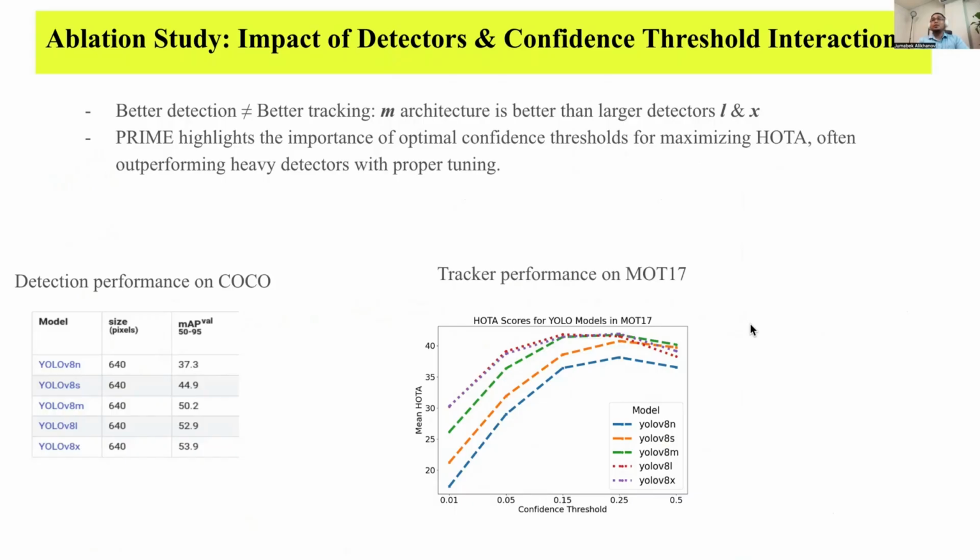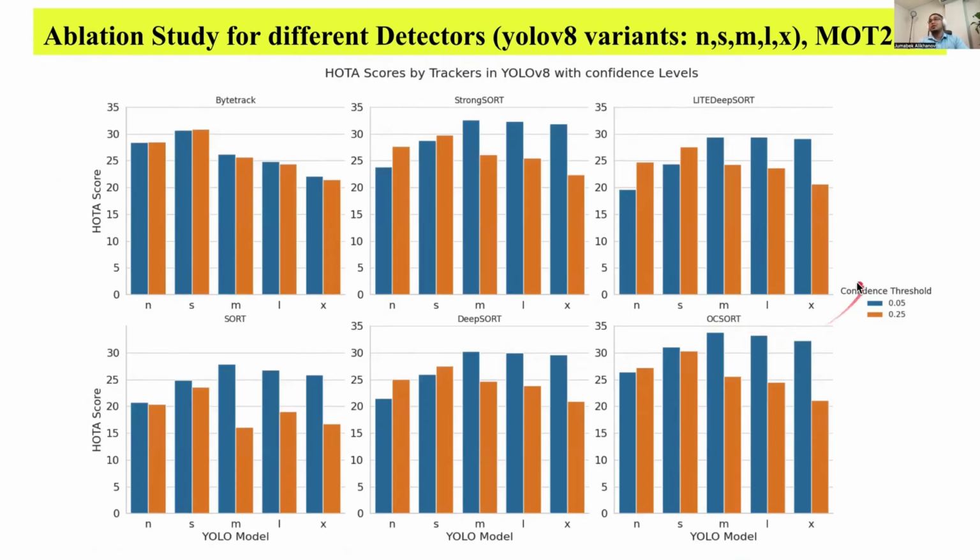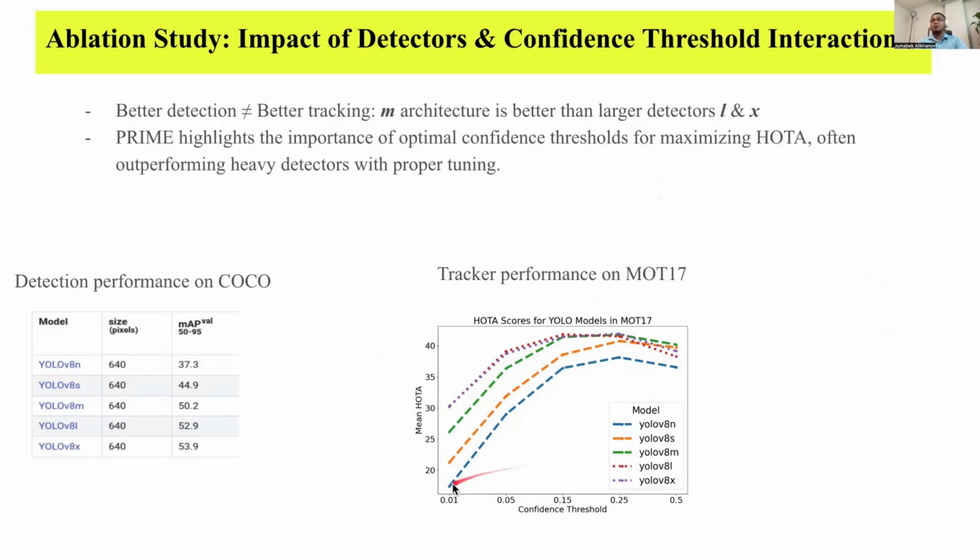And that was only two confidence thresholds. Now we did multiple confidence thresholds. In order to visualize, we merged all trackers' HOTA scores into one, right? The high-level message here is about when you increase the detector size. Nano is smallest, then second smallest, medium, large, and extra large.